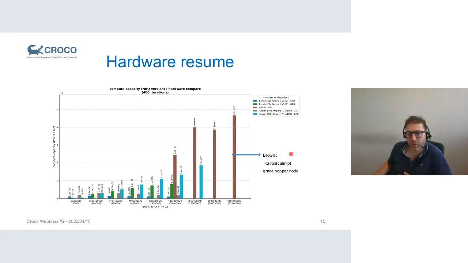We tested it about a month ago, and the results are very good. Again, I cannot show the CPU version because the queue was not long enough. But we have a factor 2 compared to the previous GPU version, H200 and H100.